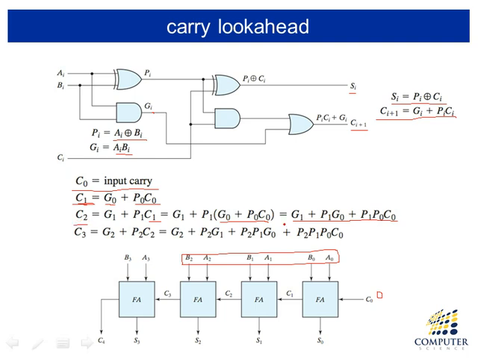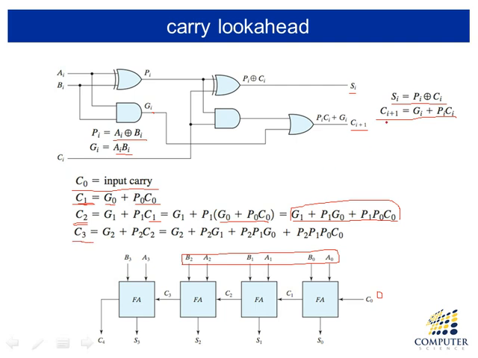Now C2 is dependent upon G, which is A's and B's, P is A's and B's, G, P, P, and C0, which is direct input. So here the new expression for C2 is in terms of A's and B's, which are direct inputs. So C2 is computed directly from the inputs, not necessarily waiting for the previous full adder to complete.